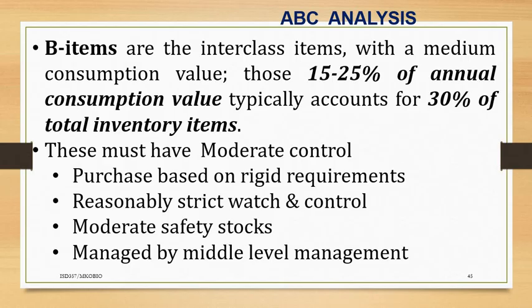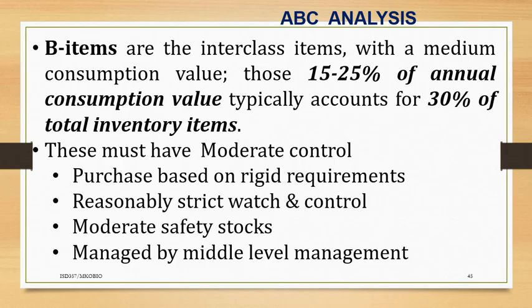So normally we stock a moderate or medium quantity of these items. Their consumption value is lower than A; the value they give to the organization is modest, but we don't stock too little. We stock a moderate, middle amount. Hope you are getting the point. These must have moderate control, with purchases based on rigid requirements, that is, based on the demand of customers.